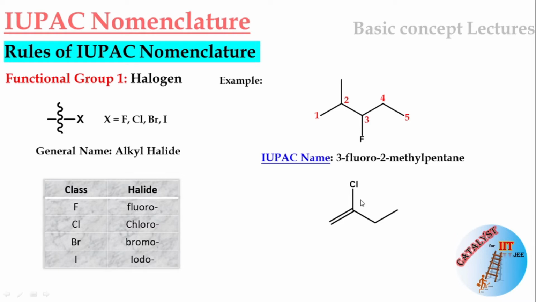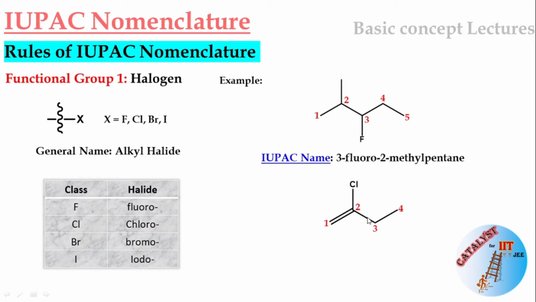Now this is your next example, which is an unsaturated hydrocarbon containing a chlorine functional group. This is the numbering given to your parent chain: if you start from this position, then 1, 2, 3, 4, the chlorine will be positioned at the second carbon, as well as the double bond, and second is less than third and first is also less than third.